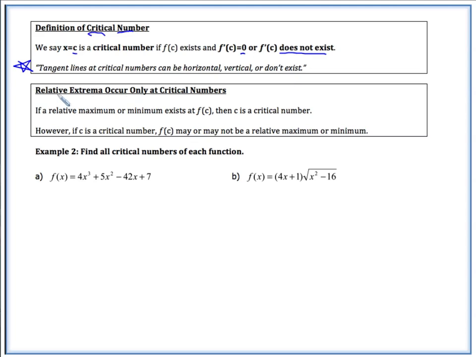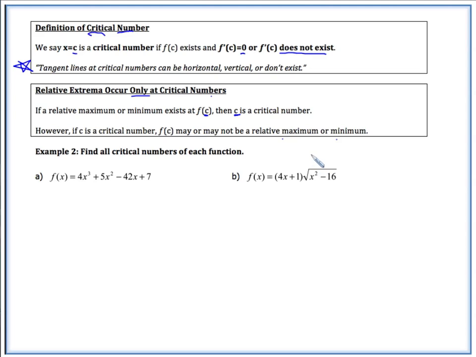So how does this relate with relative extrema? We say relative extrema occur only at critical numbers. So if a relative maximum or minimum exists at f of c, then we know that c must have been a critical number. However, if c is a critical number, f of c may or may not be a relative maximum or minimum.